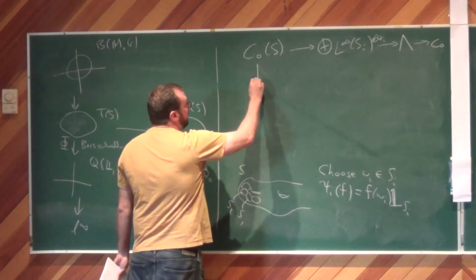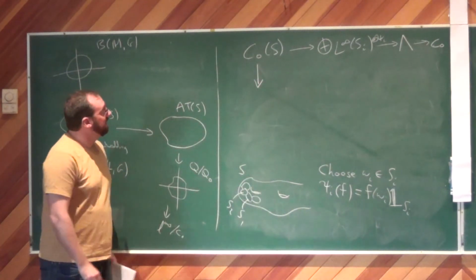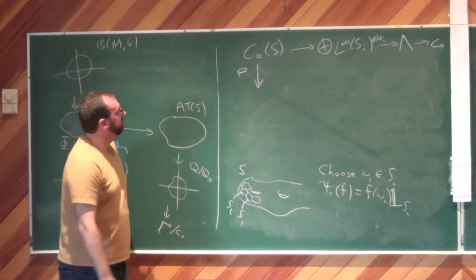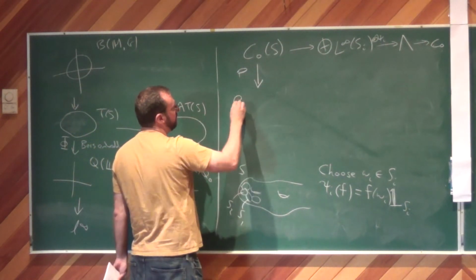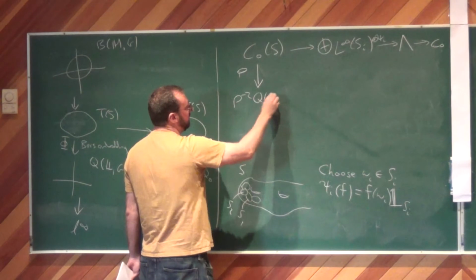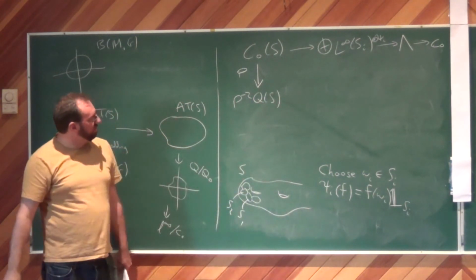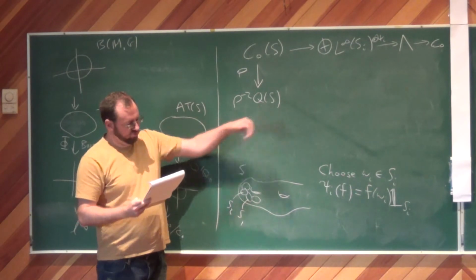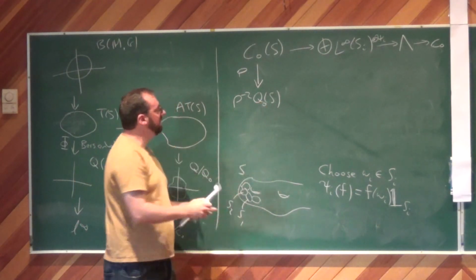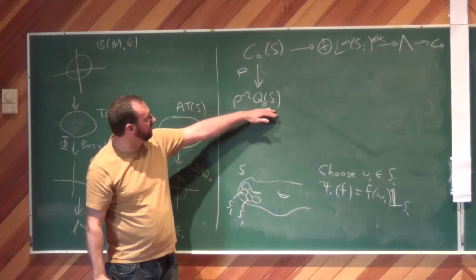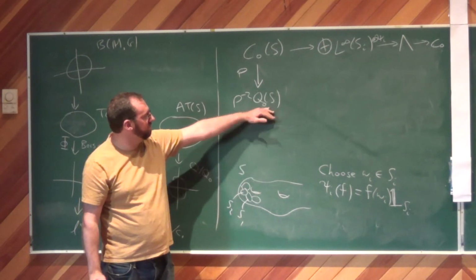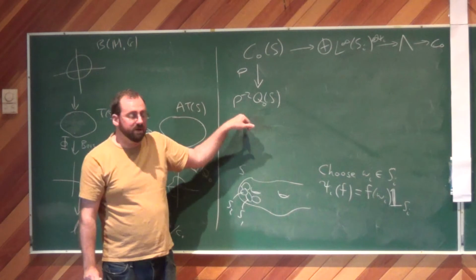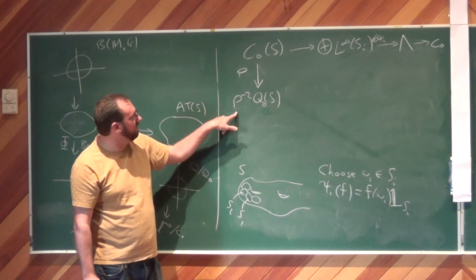The next ingredient is a projection P from C0 of S to rho to the minus 2 Q0 of S. So you take holomorphic quadratic differentials with finite hyperbolic supremum norm, which vanish at the boundary, meaning this expression goes to 0 as you go towards the boundary.